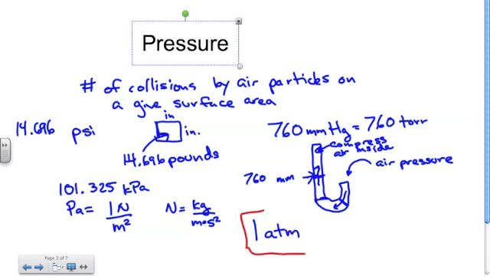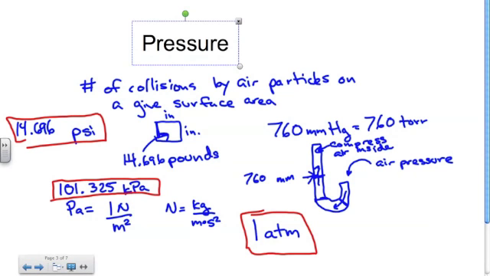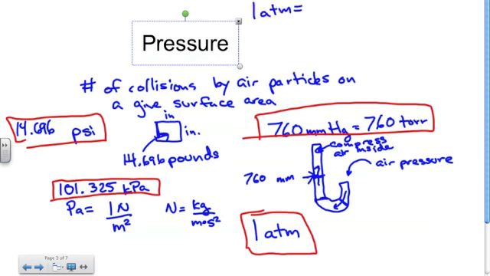So if you think of all of these different units, you could create a whole bunch of conversion factors out of these, where I could say that 1 ATM equals 14.696 psi equals 760 millimeters of mercury equals 101.325 kilopascals.